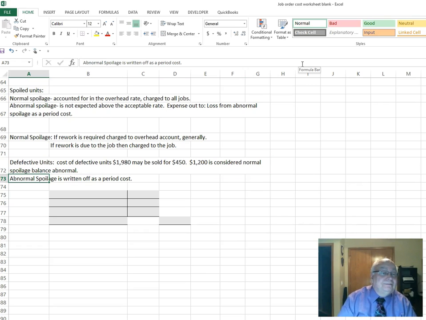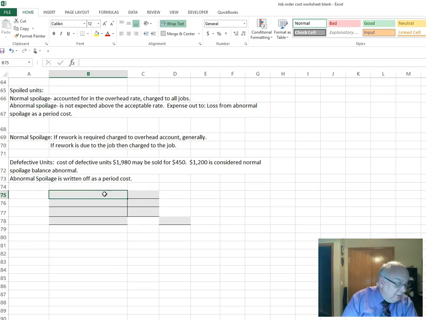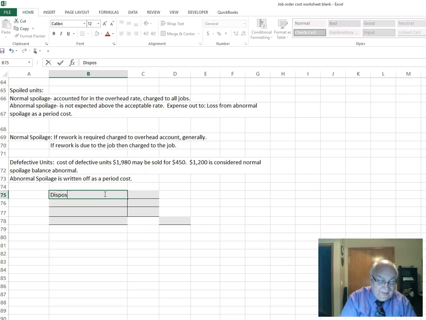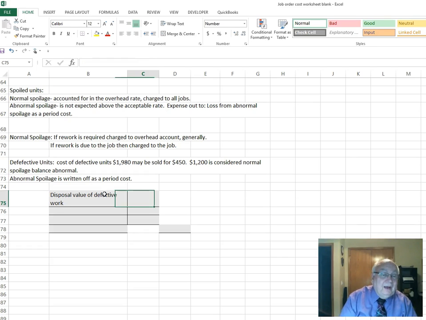Okay, so what we have is disposal value of defective work, and that is for the $450.